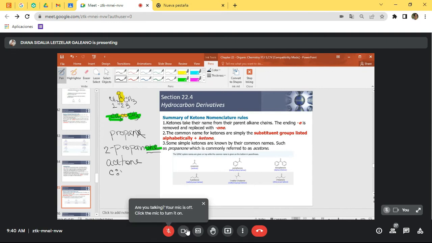So, the common name that we will read, this is called what? On carbon, methane, so it is methyl. The other, on the other side of the carbonyl group, is methyl, so the name is dimethyl ketone.